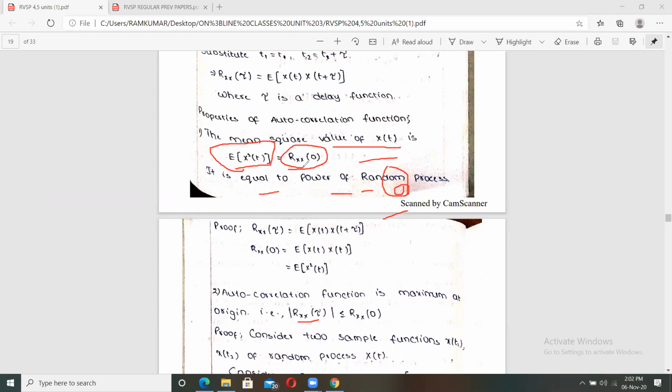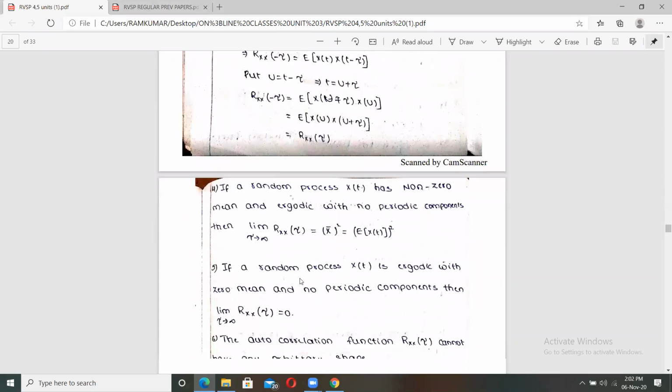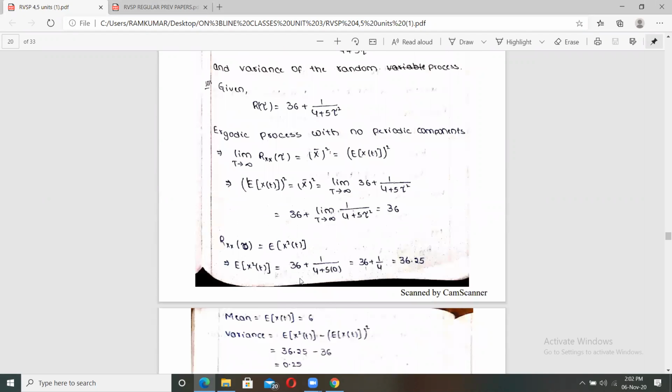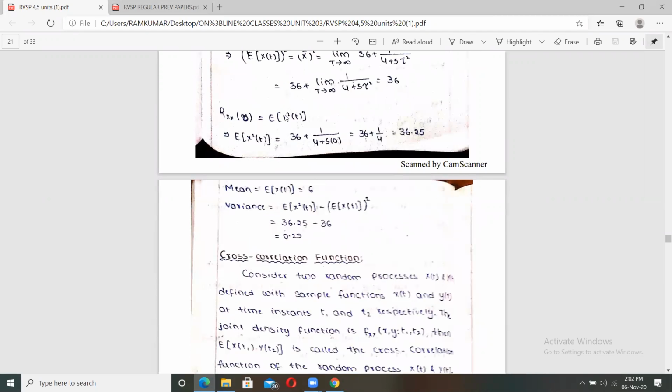That means if we substitute 0 in place of tau, then we will get the mean square value of the random process x of t. E of x square of t is equal to 36 plus 1 by 4 plus 5 tau. So substituting 0 in place of tau, we get 36.25.